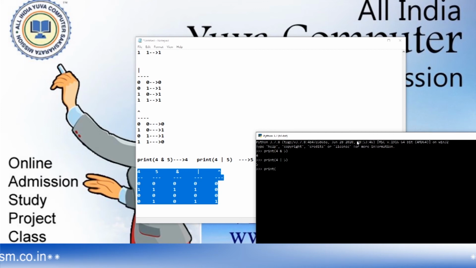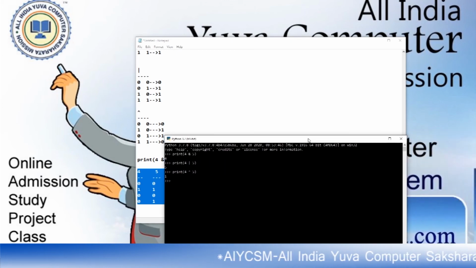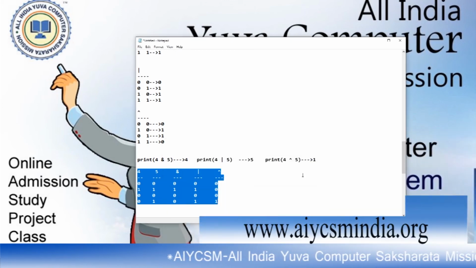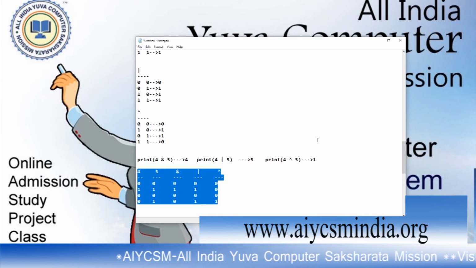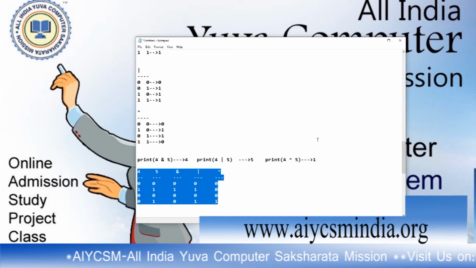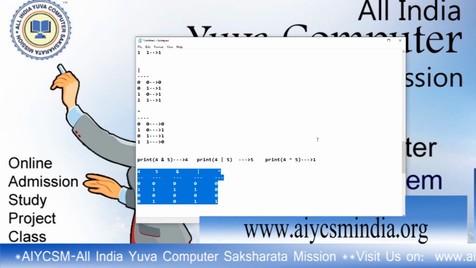If it is XOR, then it will return 1. Why this answer has come, we understand. So this is bitwise AND, bitwise OR, bitwise XOR.